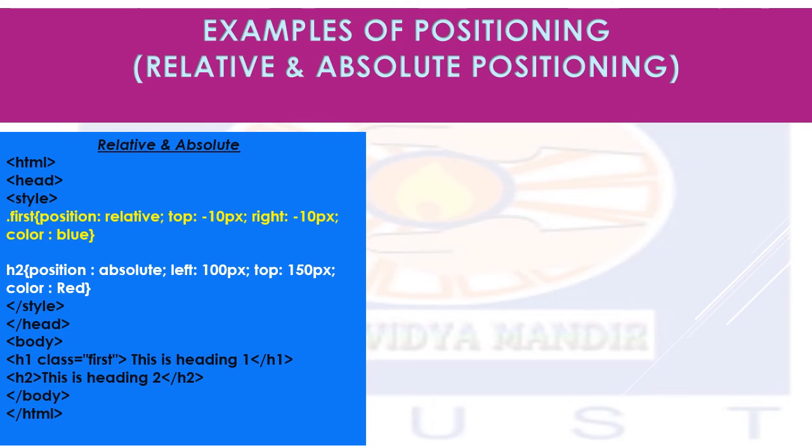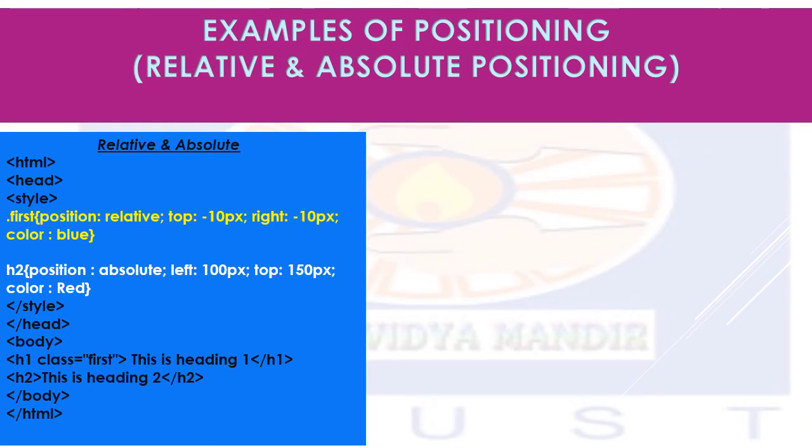Here we have used the class, that is first. You can see the position we are using is relative position first, and then we have given the top and the right.